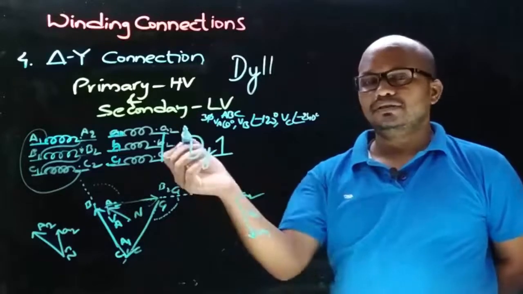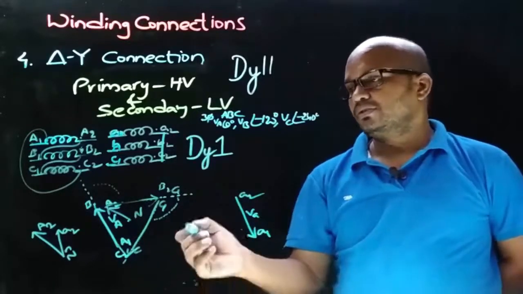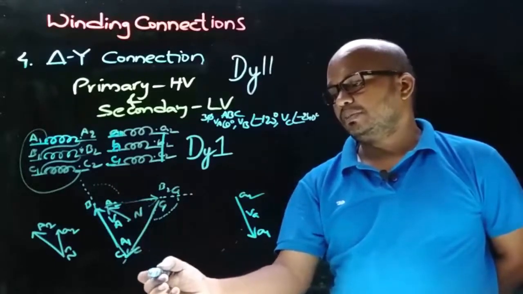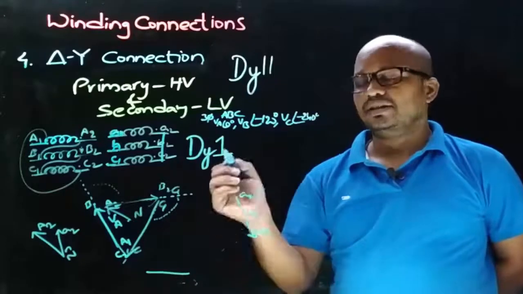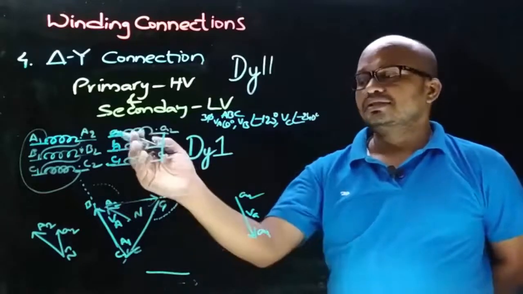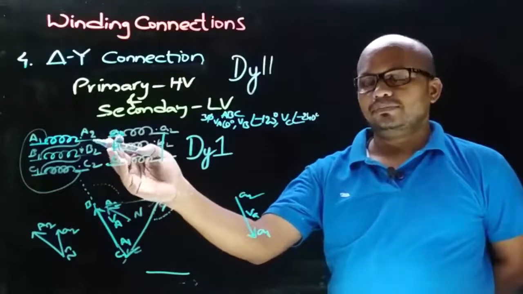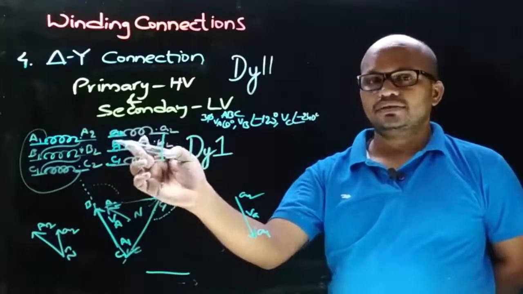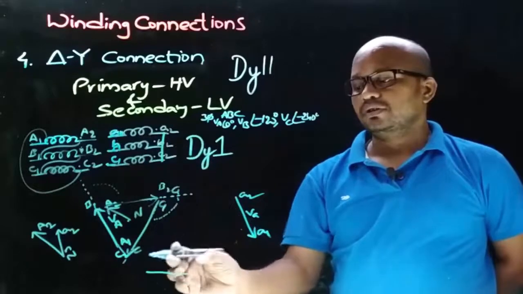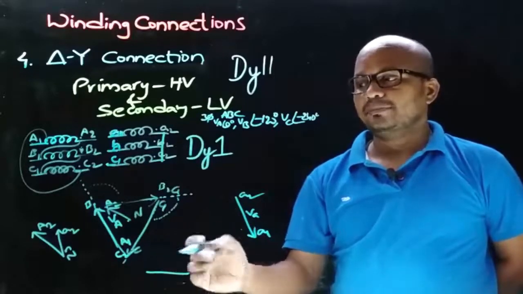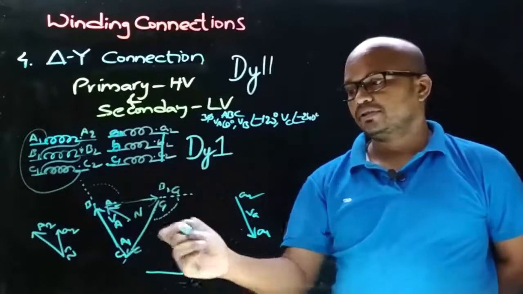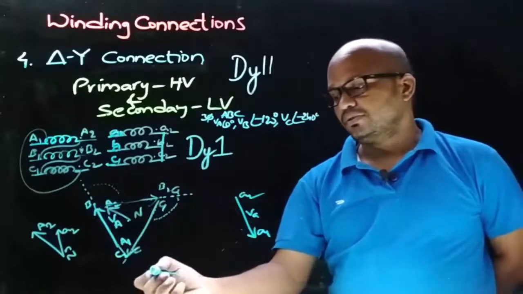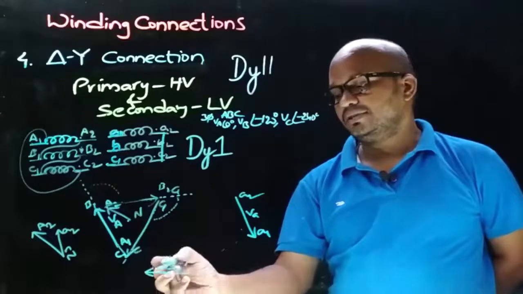And now let's draw the secondary side VB phasor parallel to the primary side VB phasor, somewhere here. Now let's decide the direction: as the connection on the primary side is from the dot end terminal and the connection on the secondary side is from the non-dot end, the direction of the secondary side VB phasor will be opposite to the primary side VB phasor. As the primary side VB phasor is towards this direction, the secondary side VB phasor direction will be like this.